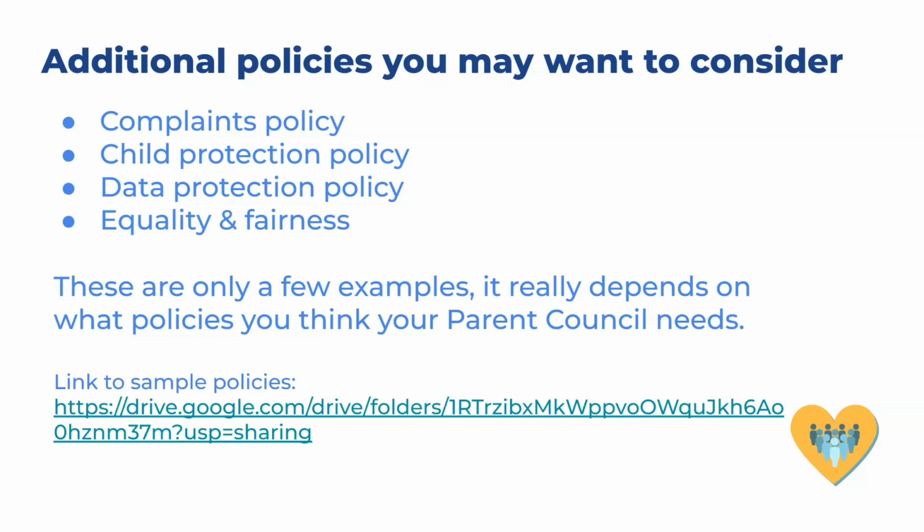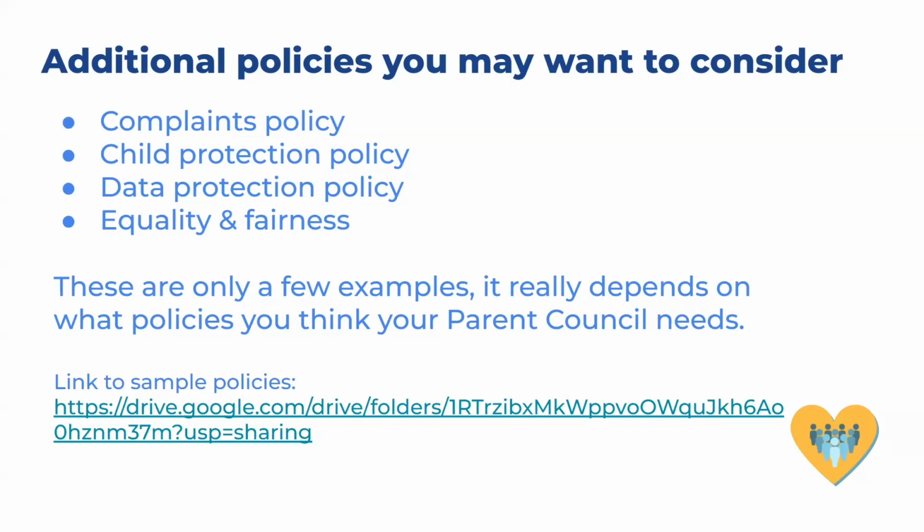That's them basically saying, yep, I've read all that and I know what it means and I agree to it. So if anything did happen where something went a bit haywire or a bit wrong, you can go back to them and say, well, I did give you this policy and you said you read it. Whether they read it or not, you have no control over that, but they're agreeing that they have read it.